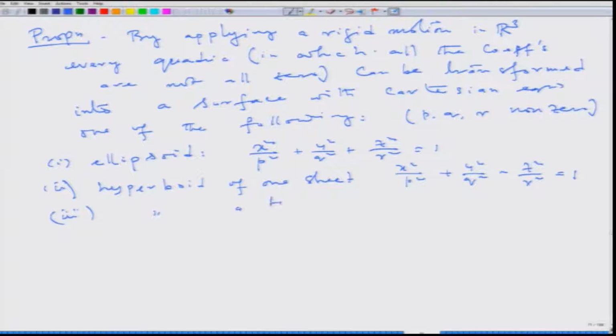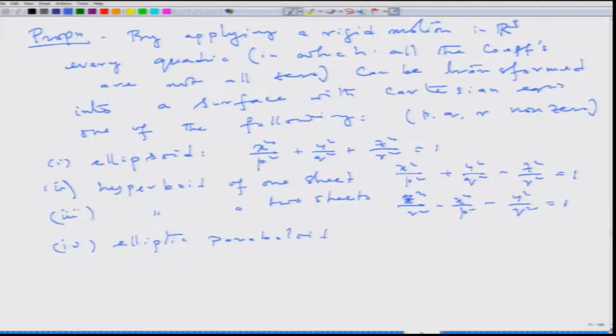Hyperboloid of two sheets, that is z²/r² − x²/p² − y²/q² = 1, or elliptic paraboloid, this is simply x²/p² + y²/q² = z.